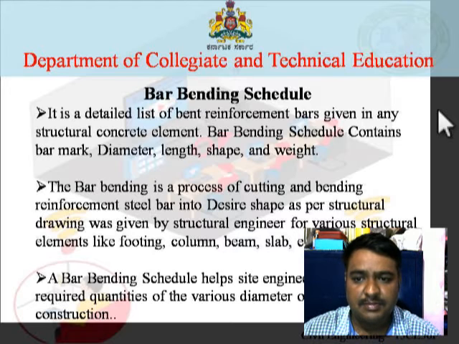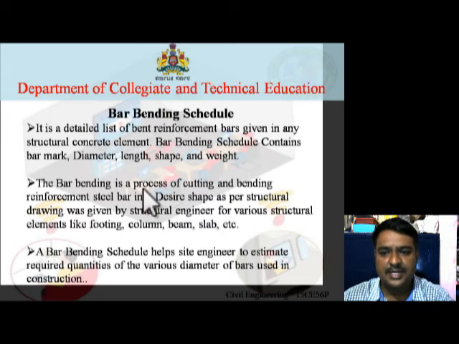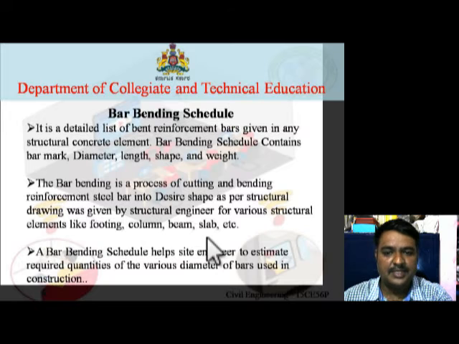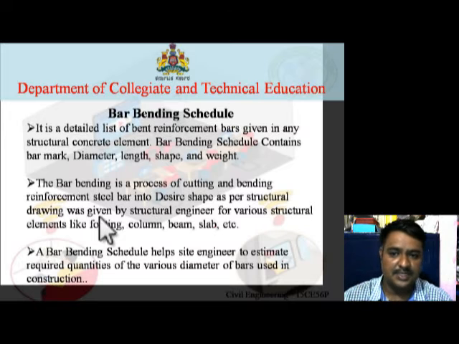Bar bending is the process of cutting and bending reinforcement steel bar into the desired shape as per the structural drawing given by the structural engineer, for various structural elements like footing, column, beam, slab, etc. A bar bending schedule helps the site engineer a lot to estimate the required quantities of various diameters of bars used in the construction according to the given diagram.